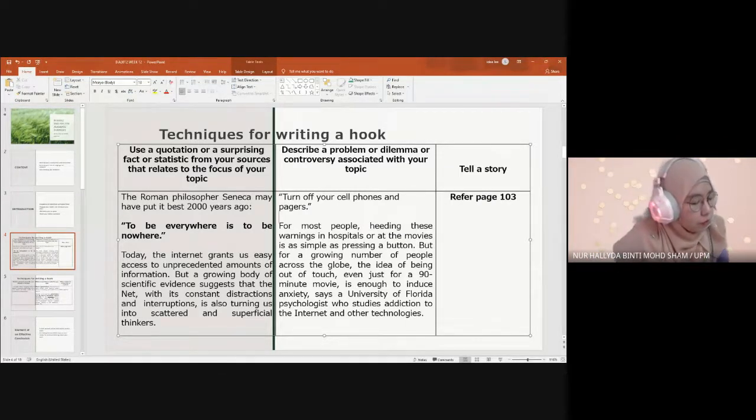On page 103, you can read the whole paragraph on your own, but basically, if you read the first few sentences, you can see the author is telling you his personal experience about how he met a homeless person who used to be a veteran.